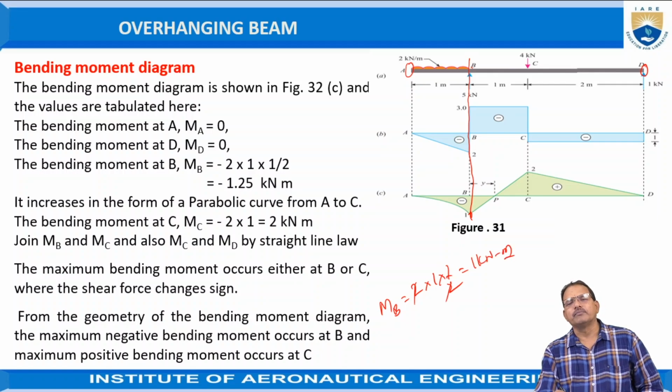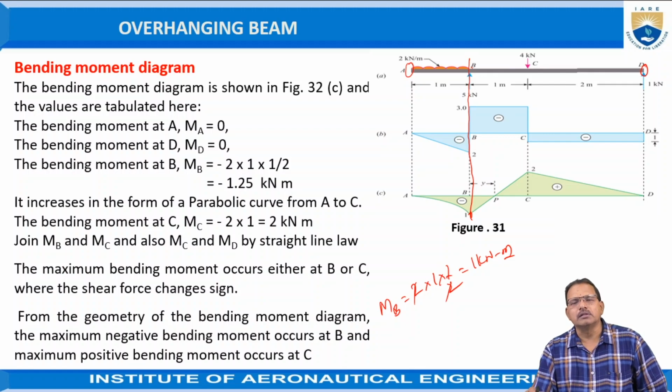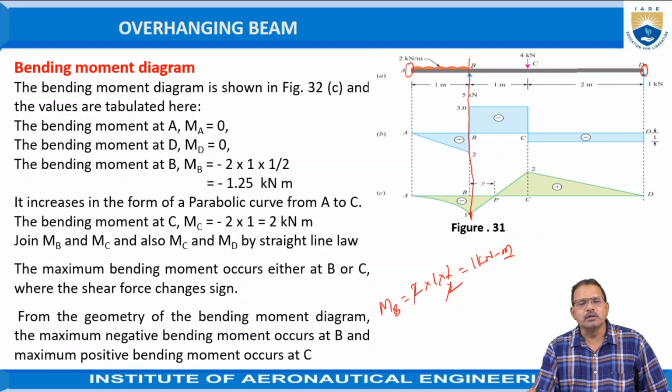But it tends to rotate the body in such a way that it has a hogging effect, hence it is treated as negative. So from this point draw a line in the downward direction, 1 kilonewton meter as per the scale, to represent the bending moment at point B.